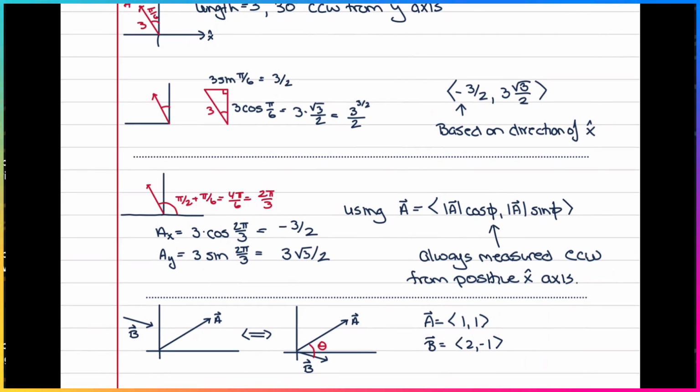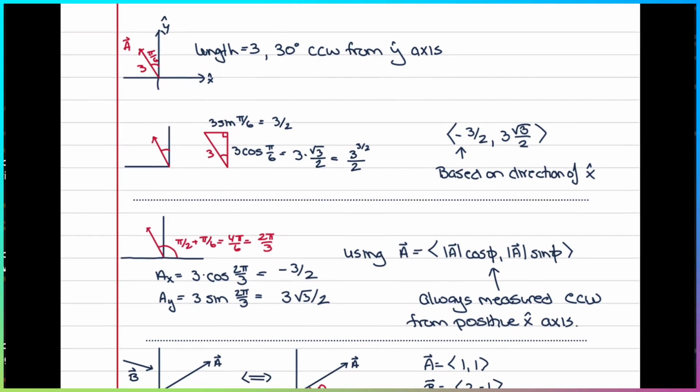I say this with a little bit of hesitation, because I feel like people get into the habit of thinking about this formula and thinking x always is cosine and y always is sine. But notice up here that was not the case. When I did it this way, the vertical component used a cosine because the swoosh touched that side, and the horizontal component used a sine, just because that's the way this triangle was drawn.